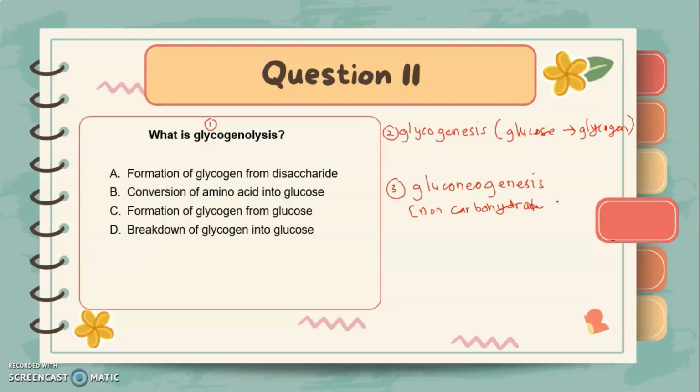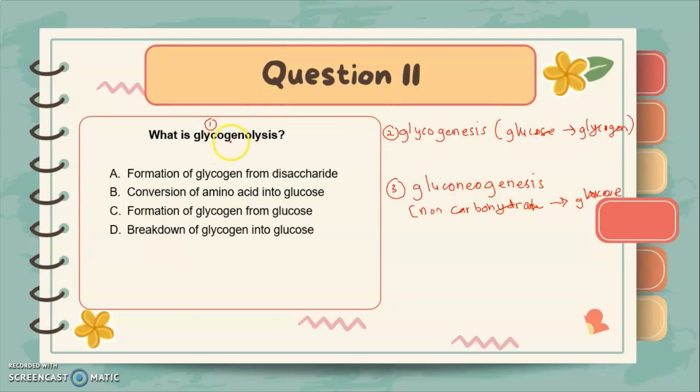Glycerol, fatty acid, amino acid. Okay, non-carbohydrate dia ditukarkan menjadi glucose. Okay, so itu adalah gluconeogenesis.